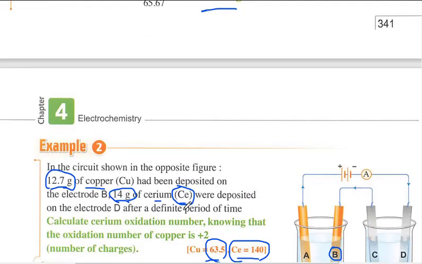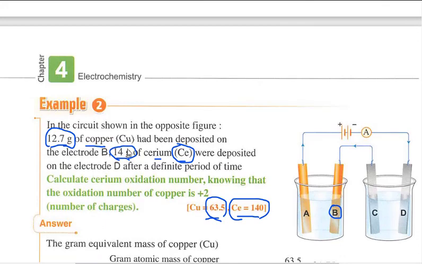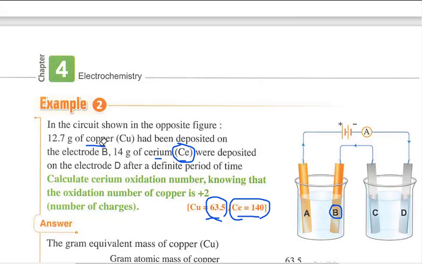So this question here involves calculating the equivalent mass itself. How to calculate equivalent mass? If we relate two elements with each other, and the same quantity of electricity is passed through the two solutions, we can calculate the equivalent mass if we know the related masses of these elements.